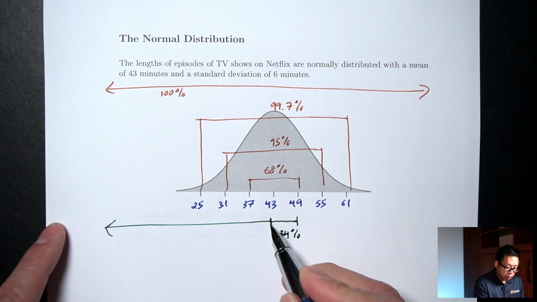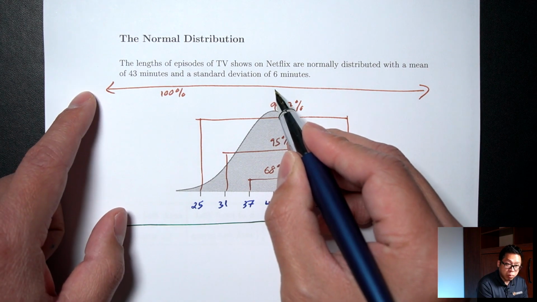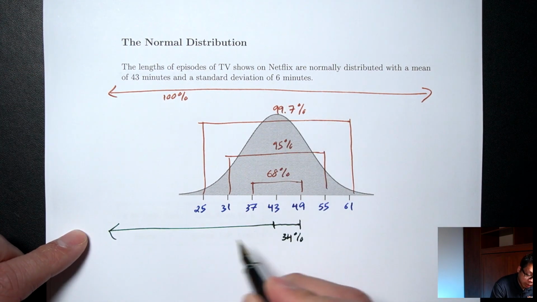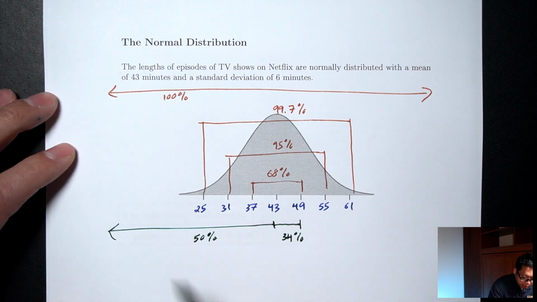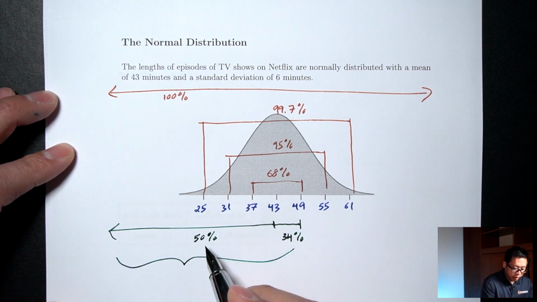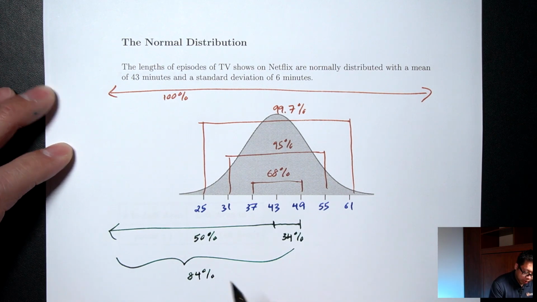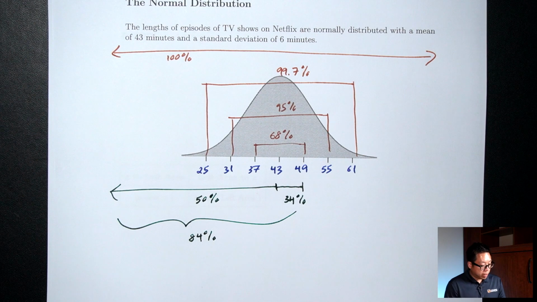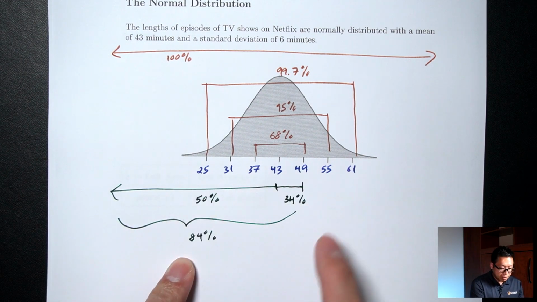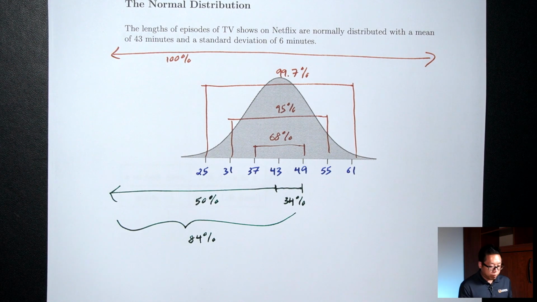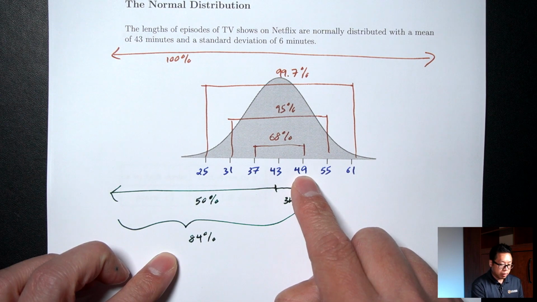And the middle all the way to the left, is half of the 100%. And half of 100% is 50%. And then that together, 50% plus 34% is 84%. So 84% of the data is below 49. These numbers here represent minutes, and we're talking about Netflix shows. So 84% of Netflix shows is below 49 minutes.